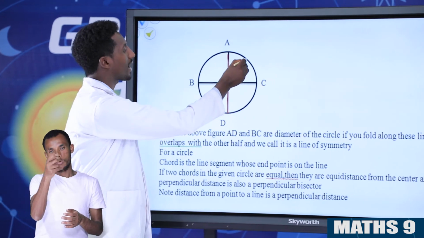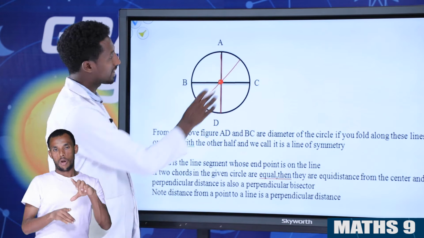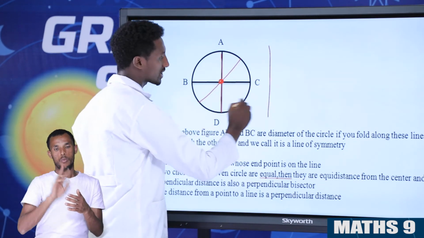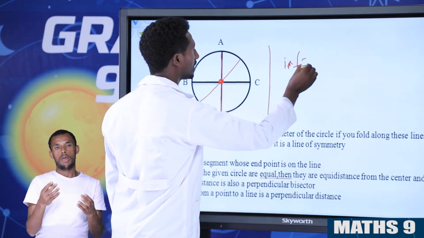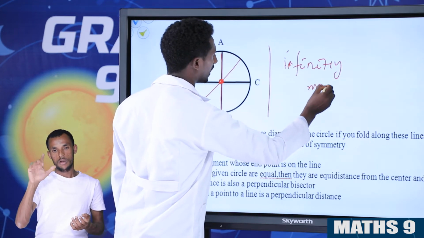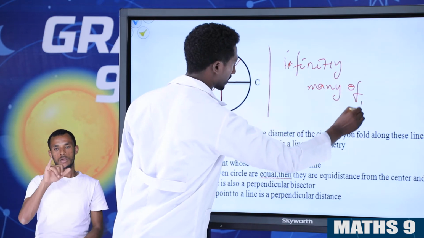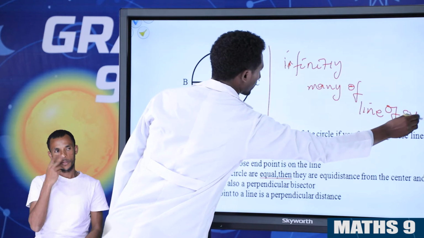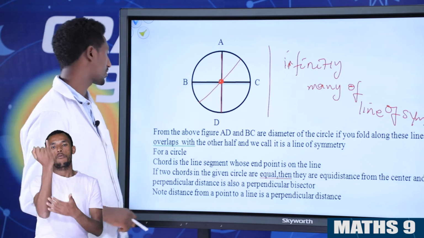So we can draw infinitely many diameters on the circle, and every half coincides with the other half, so we can generalize that a circle has infinitely many lines of symmetry. So generally a circle is a symmetrical figure.